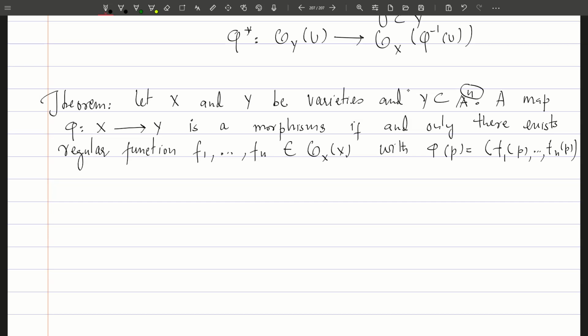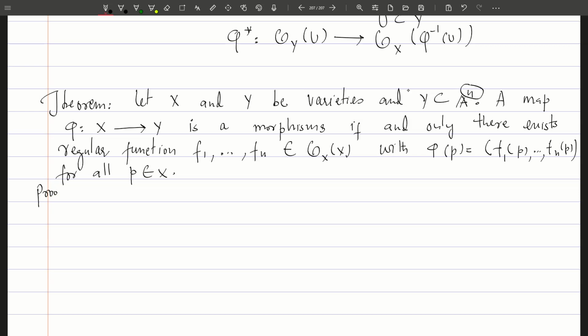This has to be true for all p in x. So a map phi from a variety x to y is a morphism if and only if it is given by an n-tuple of regular functions. This is what we have to prove.